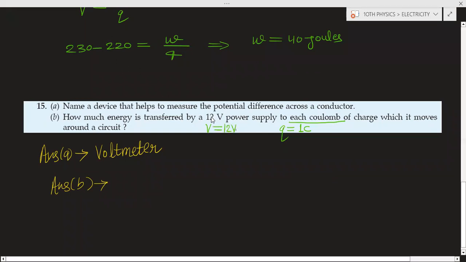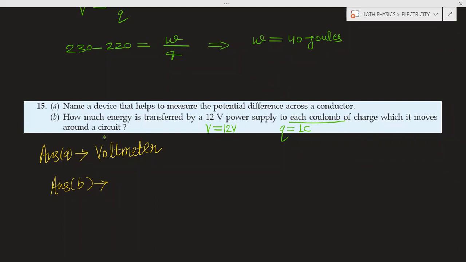Transferred by a 12 volt power supply. This 12 volt power supply I will tell you later. Okay. So this 12 volt is the potential difference of the power supply, like a battery. We will discuss later. So how much energy is transferred by a 12 volt power supply to each coulomb of charge which it moves around the circuit. We will discuss the circuit, then I will tell you.